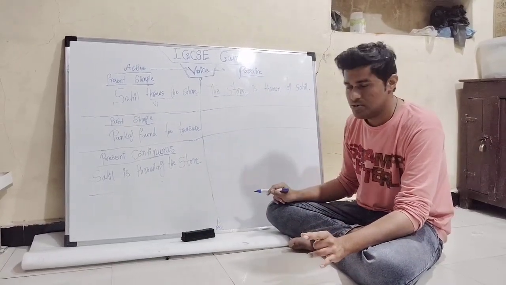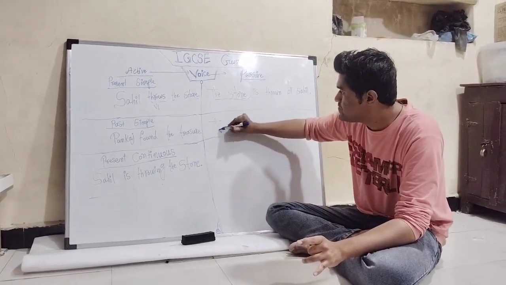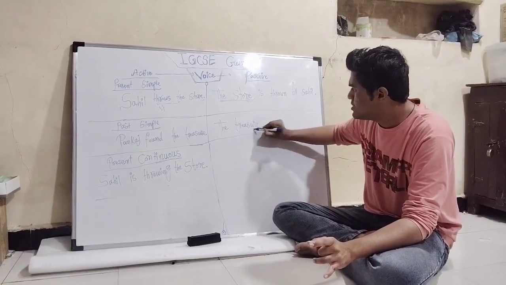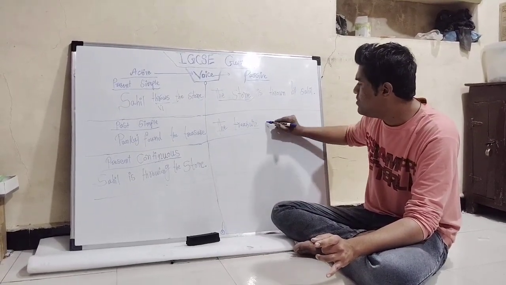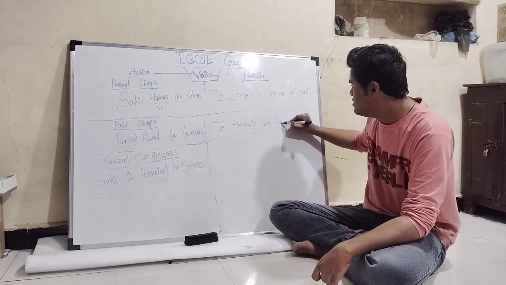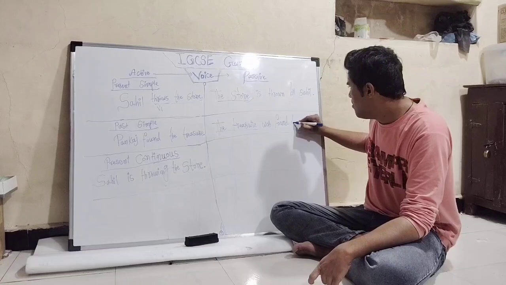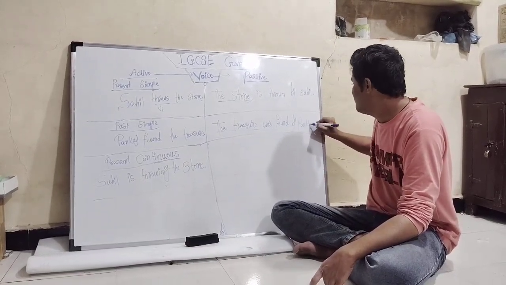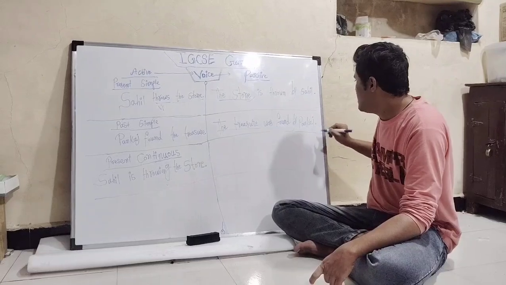Pankaj found the treasure. So the treasure, implying singularity, would be followed by the verb was found by Pankaj. That's how it is.